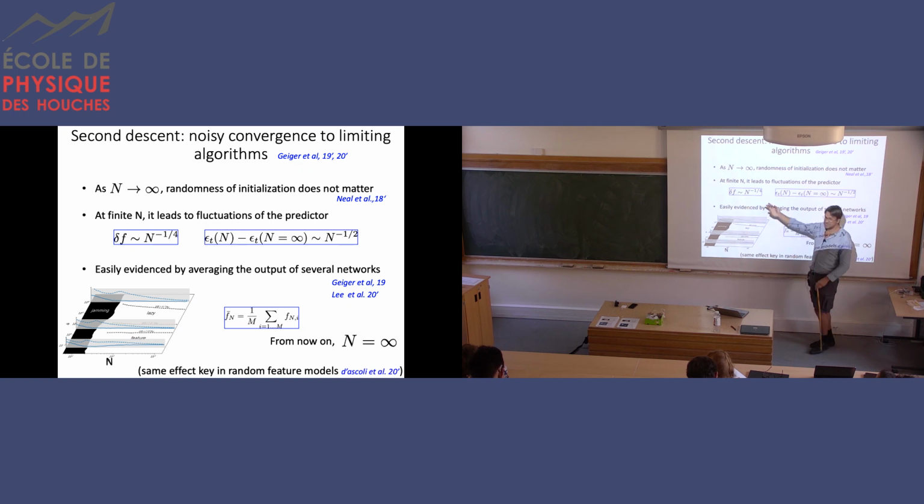And when you have fluctuations that are just random fluctuations induced by some random numbers, you pay a price for those fluctuations. In general, this price is quadratic in the fluctuations, and so you actually get that the test error at a given n minus the asymptotic test error should vanish like 1 over square root of n.